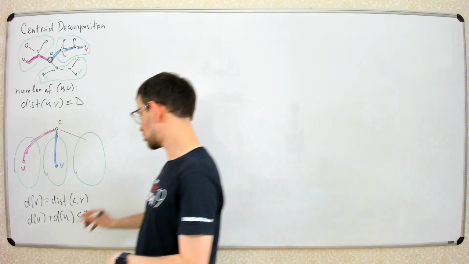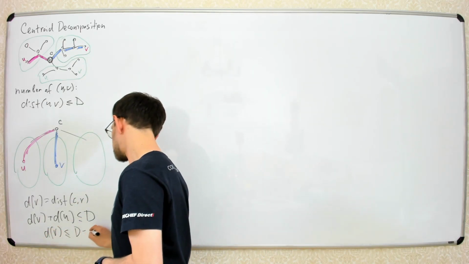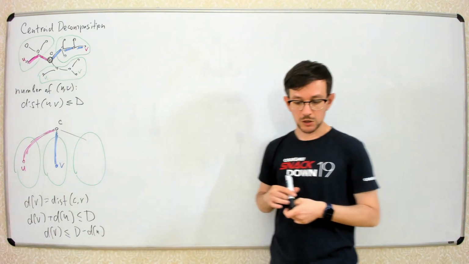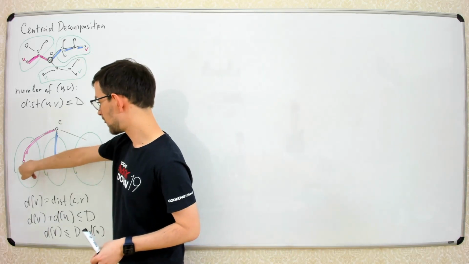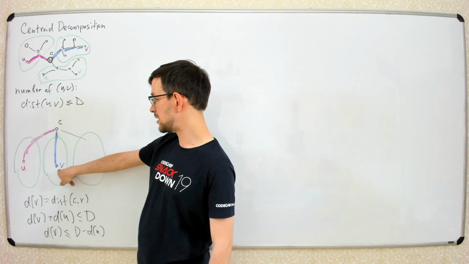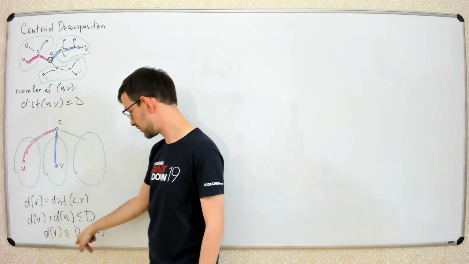Node V is such a node that distance to V is no more than D minus distance to U. So we'll fix node U, and for each node, we will find all possible nodes V such that the sum of these two distances is no more than D.